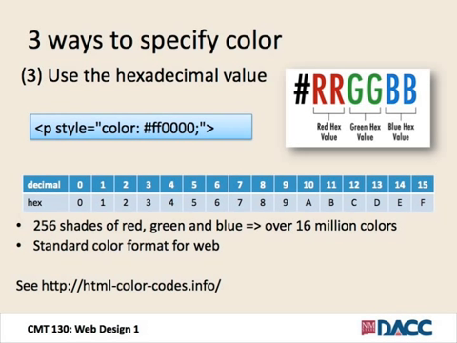In the example, the first 2 digits are F and the following 4 digits are 0. This means that this color will be red. The hex value is the standard color format for specifying color on the web. The html-color-codes.info website lists more hexadecimal values.